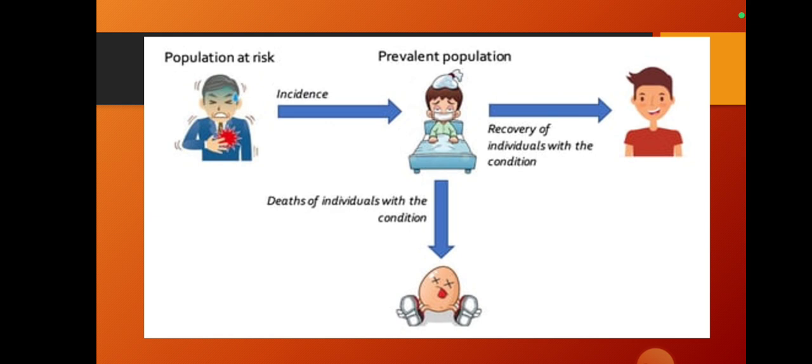Number of people in the population who have a disease or other health outcome at one point in time is prevalence. Number of people in a population who develop a disease or other health outcome over a period of time, that is new cases over a period of time, is incidence. Prevalence includes all cases, both new and pre-existing, in the population at the specified time, whereas incidence is limited to new cases only.